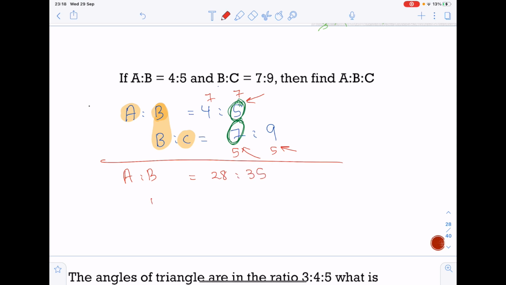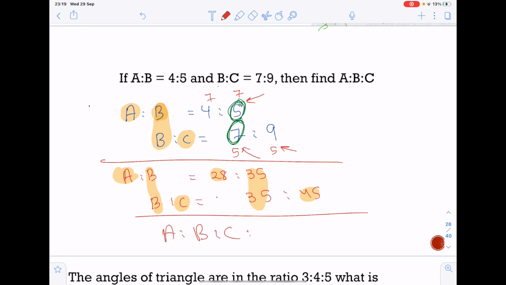And the second one, B to C, equals 35 to 45. So now I can combine this together. So A to B to C equals 28 to 35 to 45. So I would write A to B to C equals 28, 35, 45.